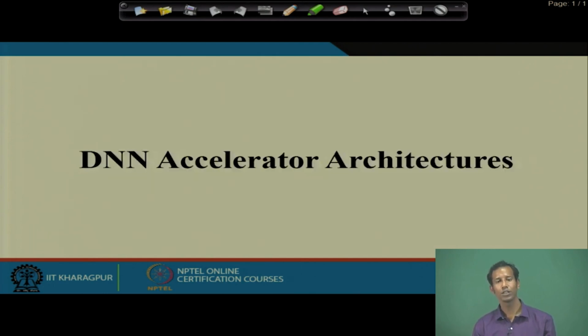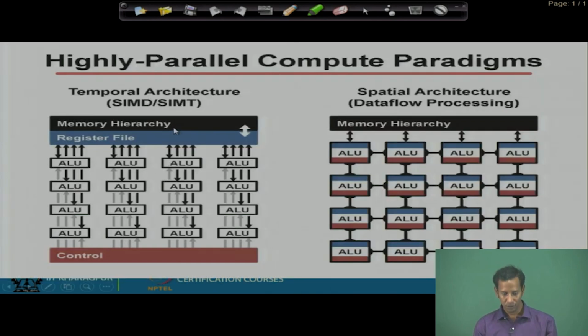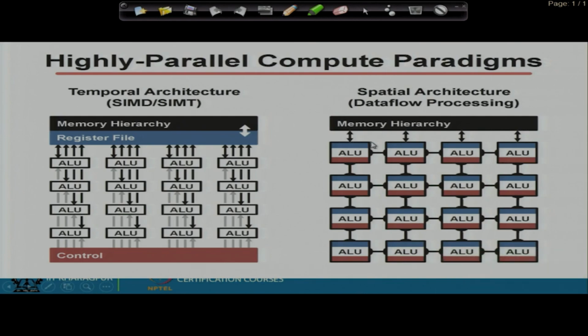So what do DNN accelerator architectures look like? This is the generic processor architecture, where you have the memory hierarchy and the register file, and each of the arithmetic logic units is connected like this. But if we have to develop machine learning processors, the ALU is directly connected with the memory access.